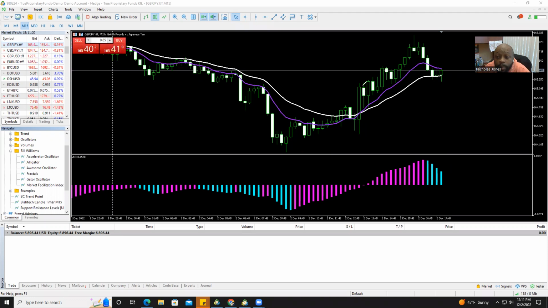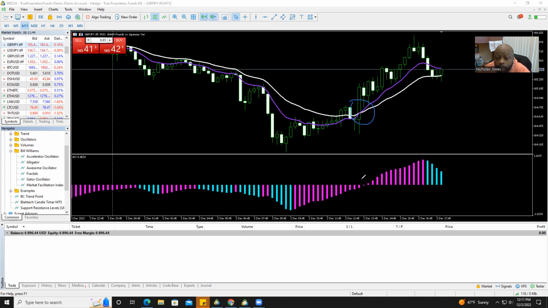So if we're going to buy, we're going to go on to the 15-minute chart. This strategy is only run on the 15-minute time frame. Do not use anything higher. All my trades are run on the 15-minute or the 5-minute. So on the 15-minute, we find a crossover here at this point.